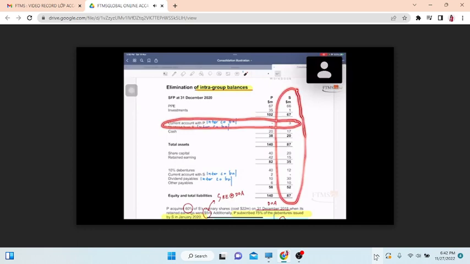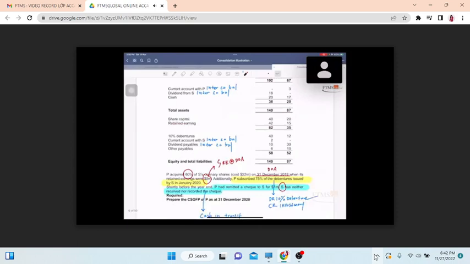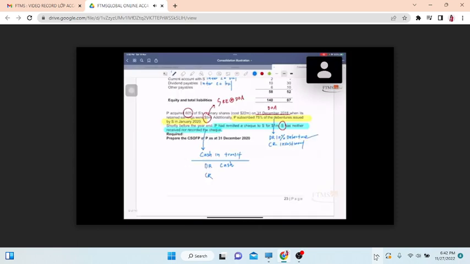I'll credit current account with P. Okay, right. So these are the accounting entries, all about intercompany balances. After this, I hope your intercompany balances should be very strong.